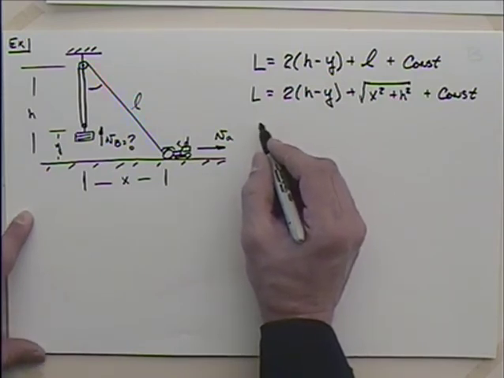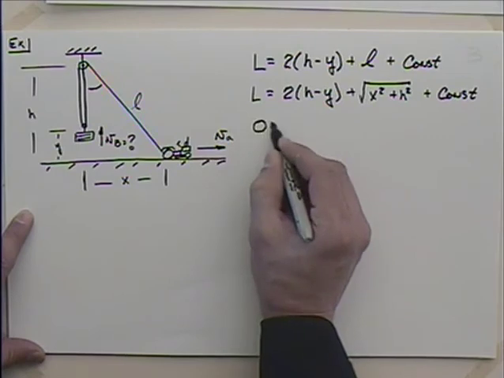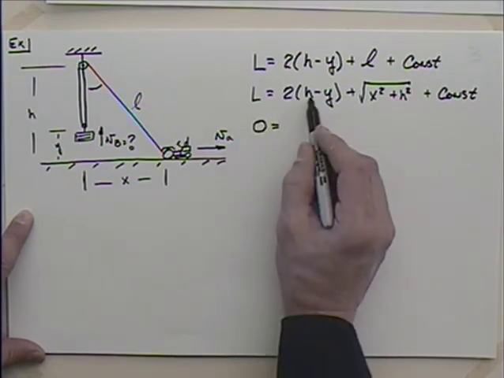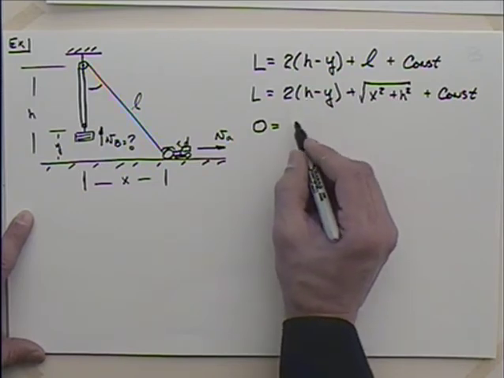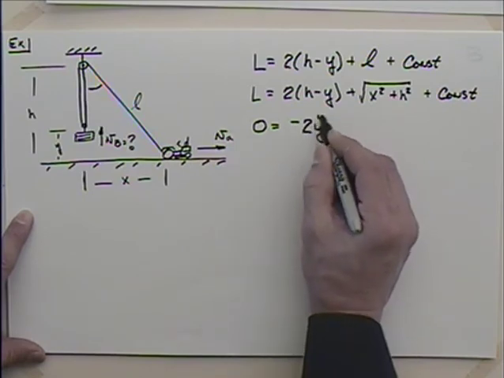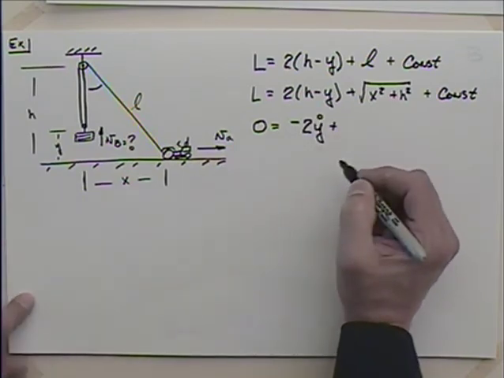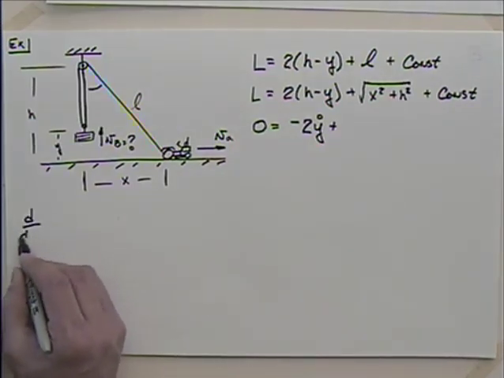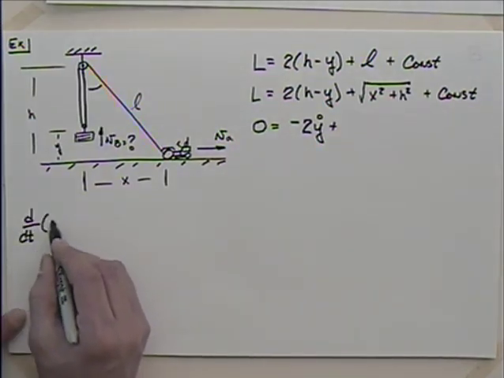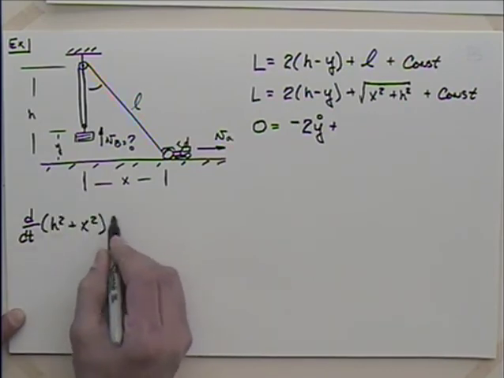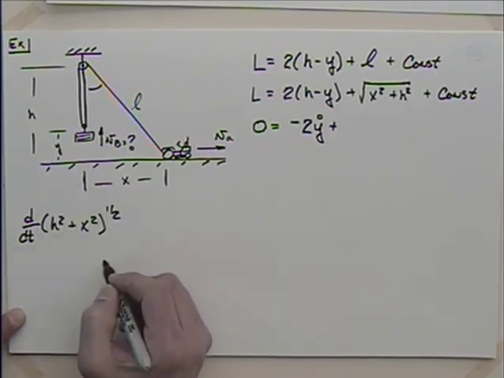So I differentiate this thing. 0 is equal to, let's see. Remember that the height h is a constant, isn't it? So I'm going to have minus 2 times y dot plus, then maybe I have to go back to Math 251. What's the derivative with respect to time of h squared plus x squared to the 1/2?